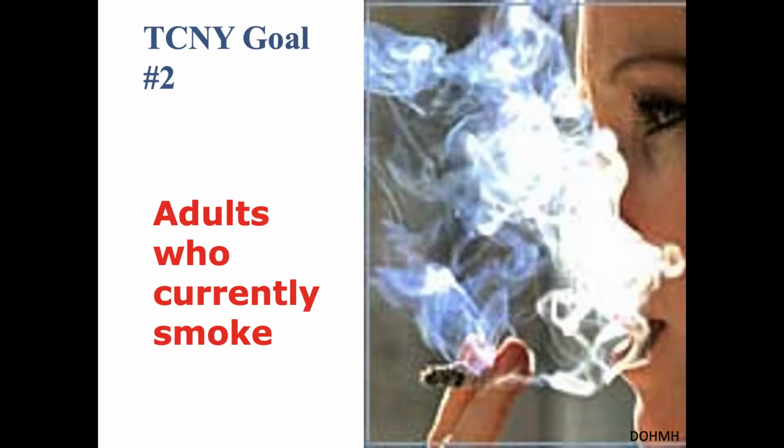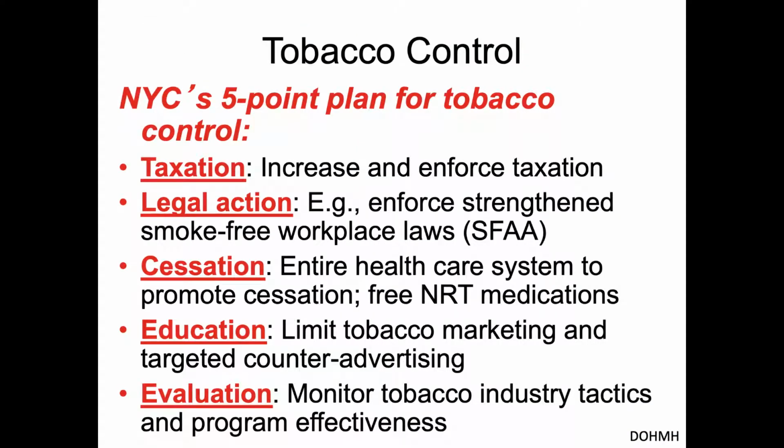So one of the Take Care New York goals was looking at adults who currently smoke. New York City had a 5-point plan for tobacco control, and that included taxation, legal action, cessation, education, and evaluation.